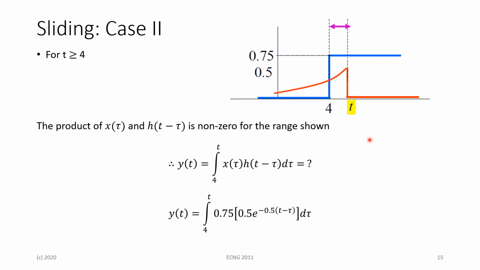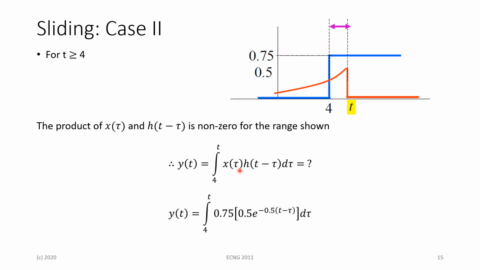So for this case, when we apply it into our convolution equation, the limits of the integral, because the overlap only exists in between this section here, it's in between t and 4. So our uppermost limit for the integral will be t, and our lowermost limit would be 4.